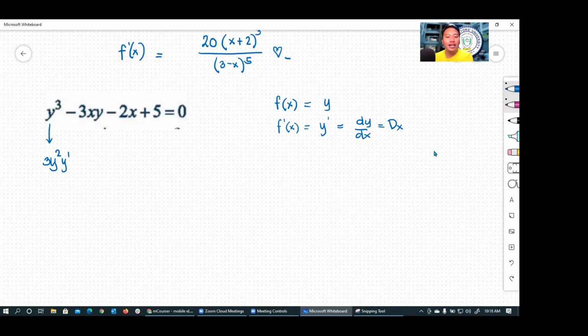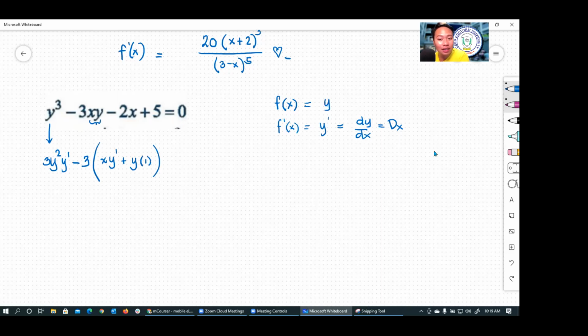Okay, very good. Minus, now the derivative of this one. I'm going to copy the constant first. I'm going to take the derivative of these two things here, and if you notice, that's product rule. So I'll copy x. What's the derivative of y? y prime. Plus, I will write y times the derivative of x, 1.